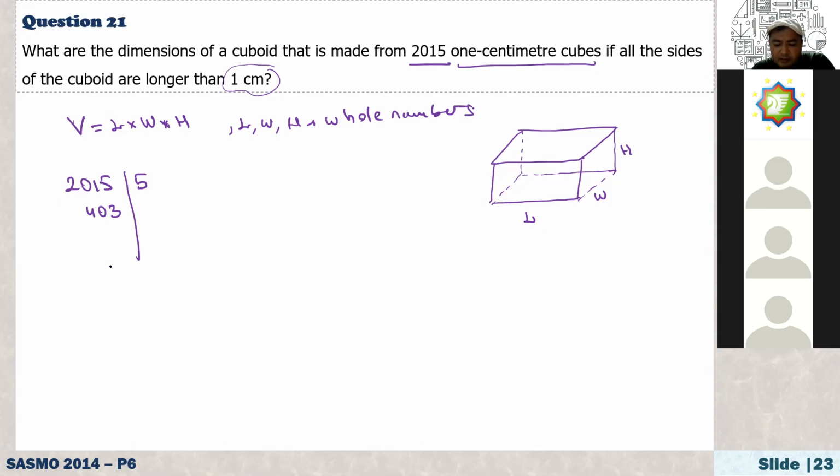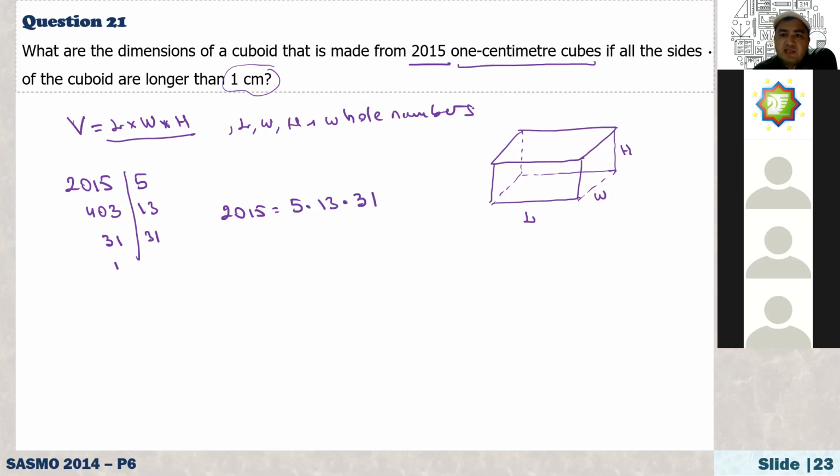How about 13? Yes. So it is 13, and the other factor is 31. So that means the only way to write 2015 as a product of 3 whole numbers is 5 times 13 times 31.